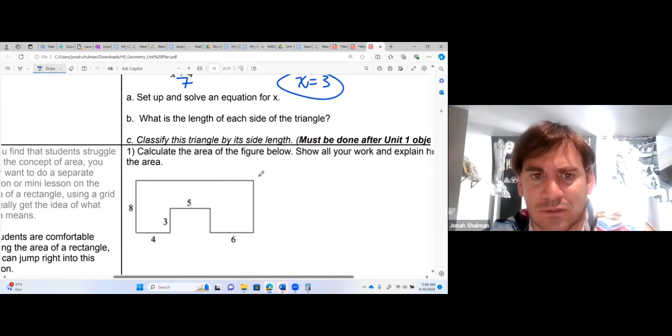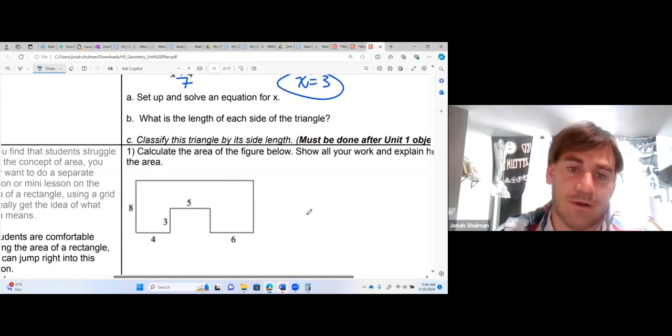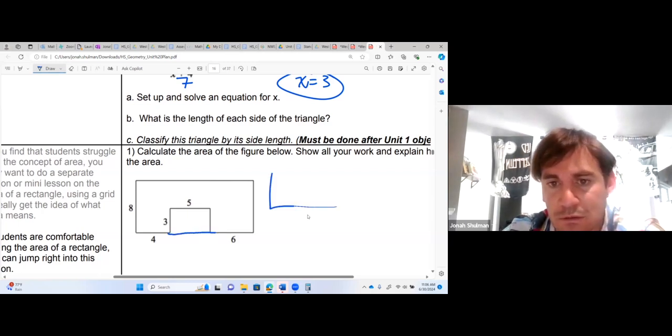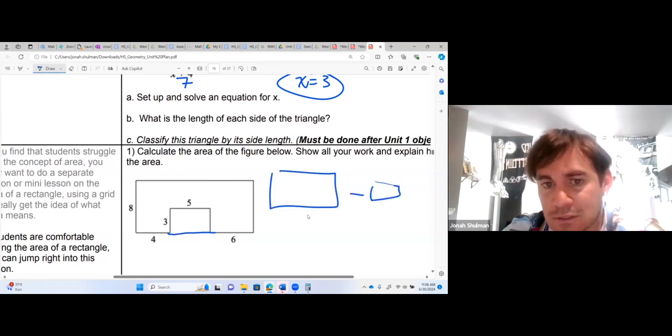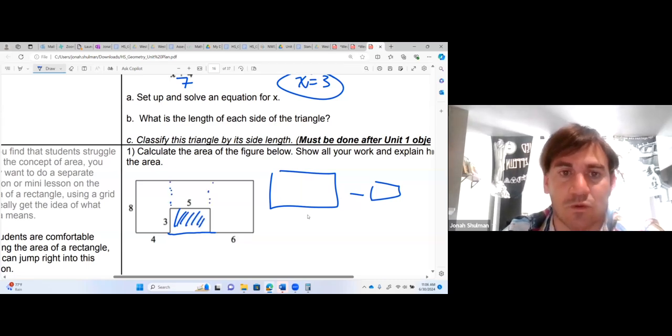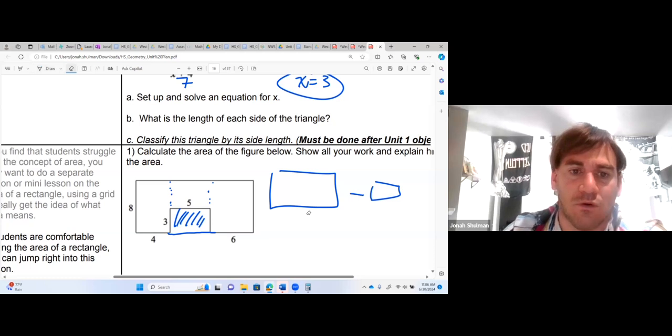And then we just did this one, but now they want to do the area. So you could do the area of the whole piece minus the box here, because that's not part of it. Or you can cut it like this and do 1 box plus 1 box plus 1 box. I think it's easier to do the whole thing minus the little box.